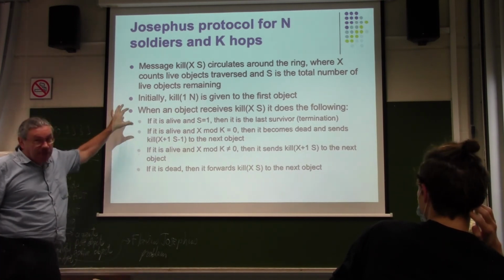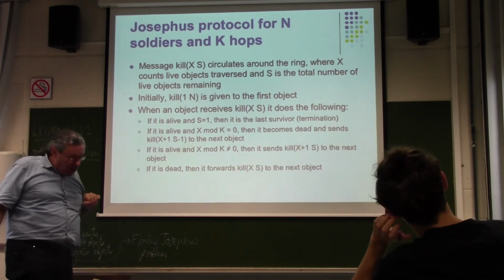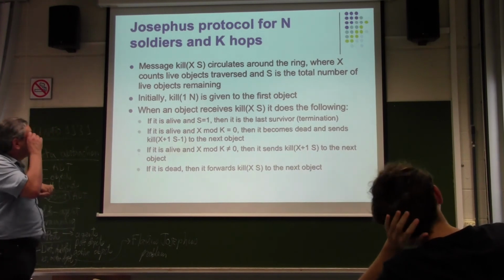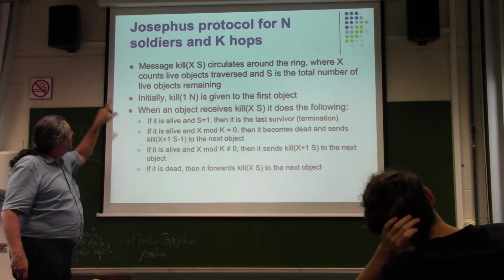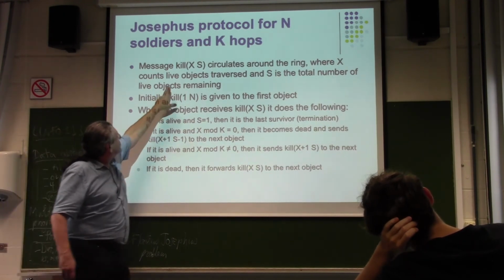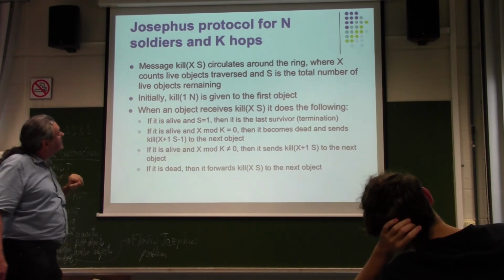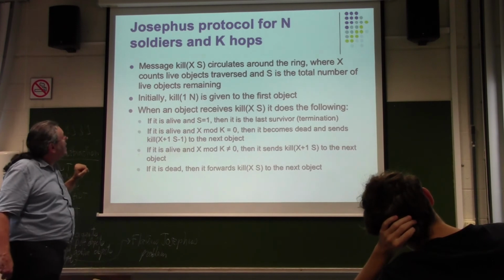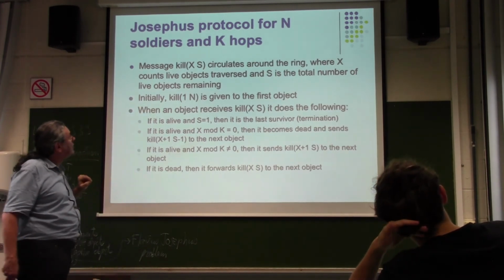But let's just look at this program. So we're going to make a message protocol to solve this problem. There's a message circulating around the ring. So here is the message. It's a kill message with 2 arguments, x and s. x counts the number of live objects that are traversed, and s is the total number of live objects remaining.